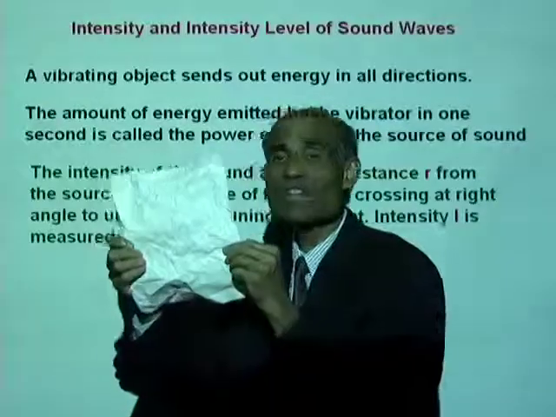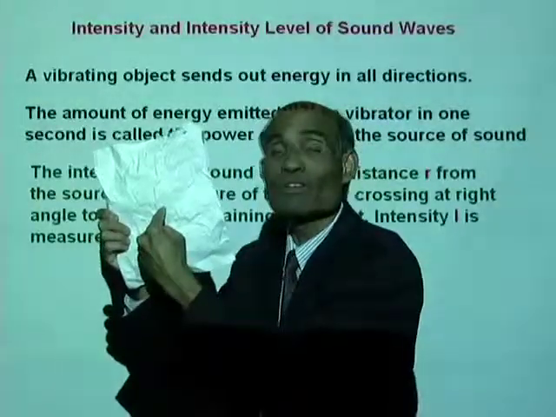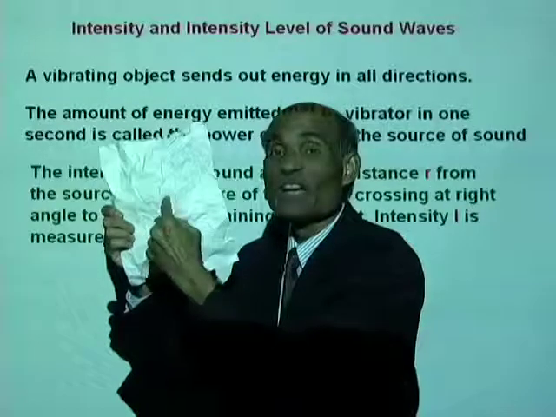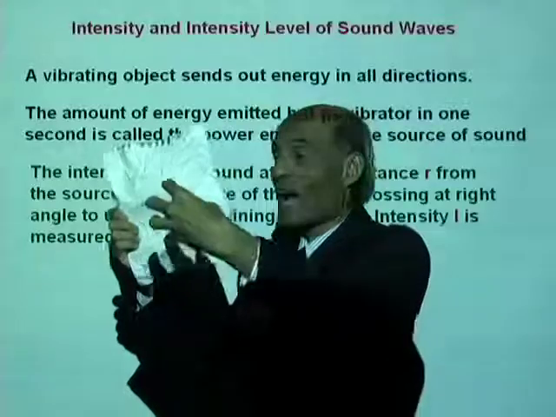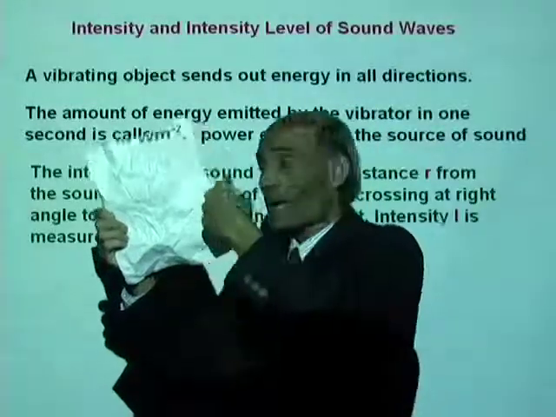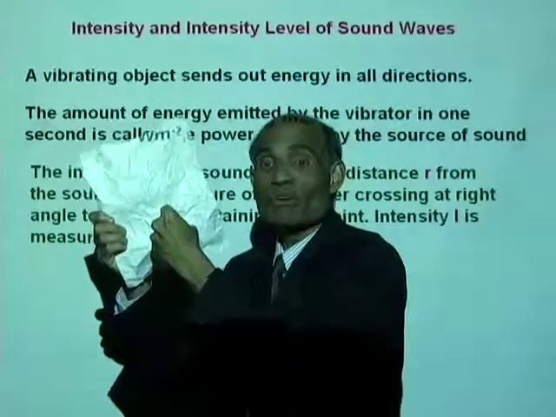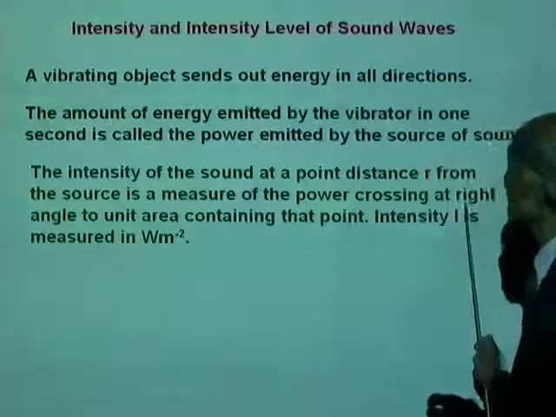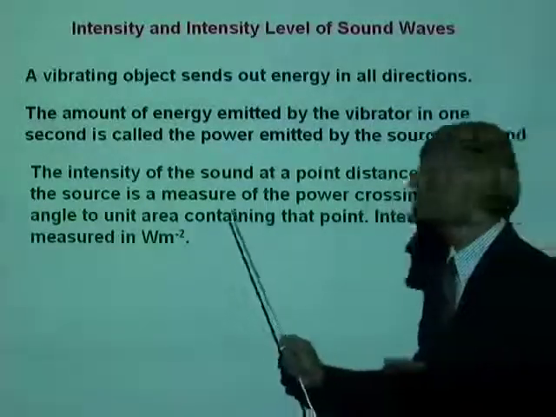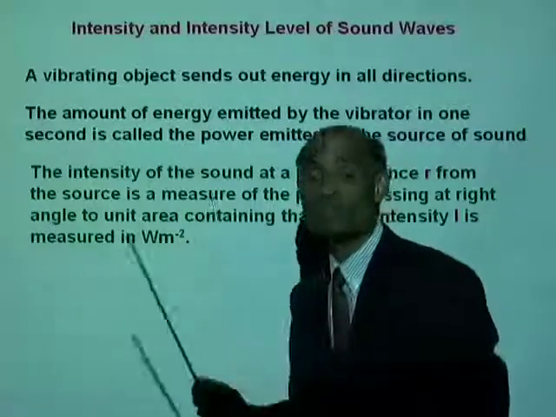So what is the intensity again? The intensity of a sound at a point is a measure of the amount of energy crossing at right angles to a unit area that contains that point. And we will represent intensity by I, and it is measured in watt per meter square.